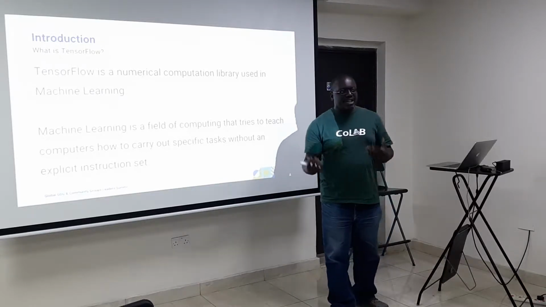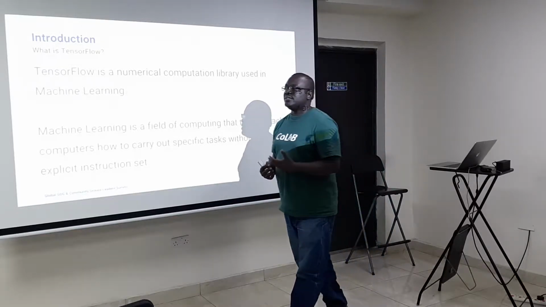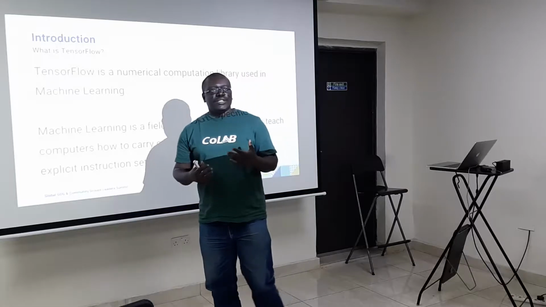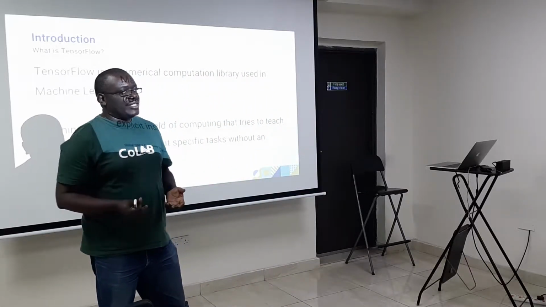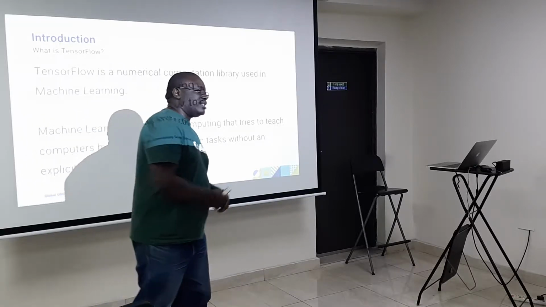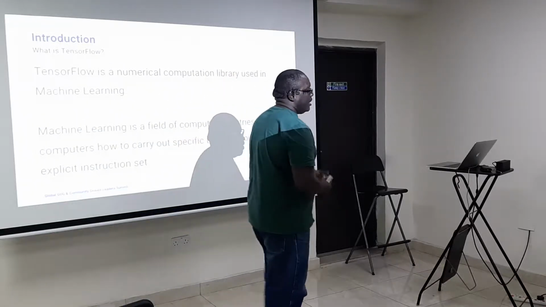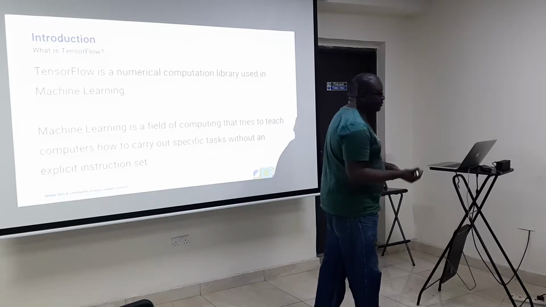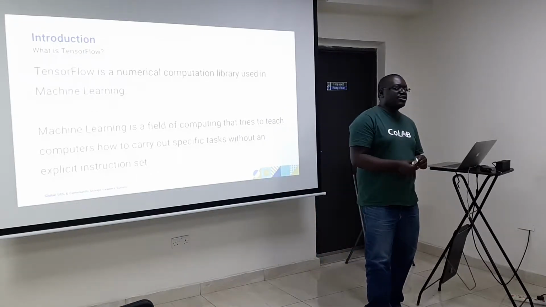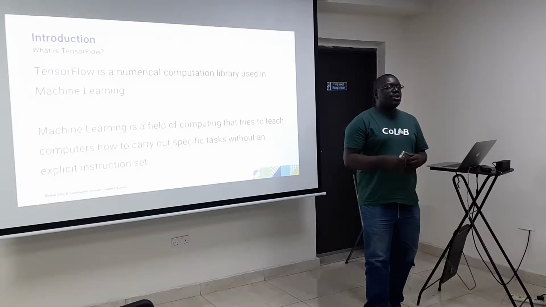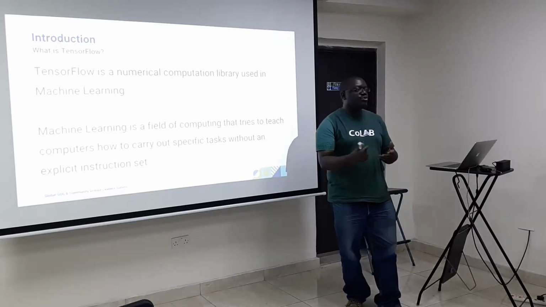Now, machine learning itself is a branch of computing. We're all used to writing code. We looked at orchestration and putting code into production. But the type of code that we put into production right now is code that we program with specific rules.